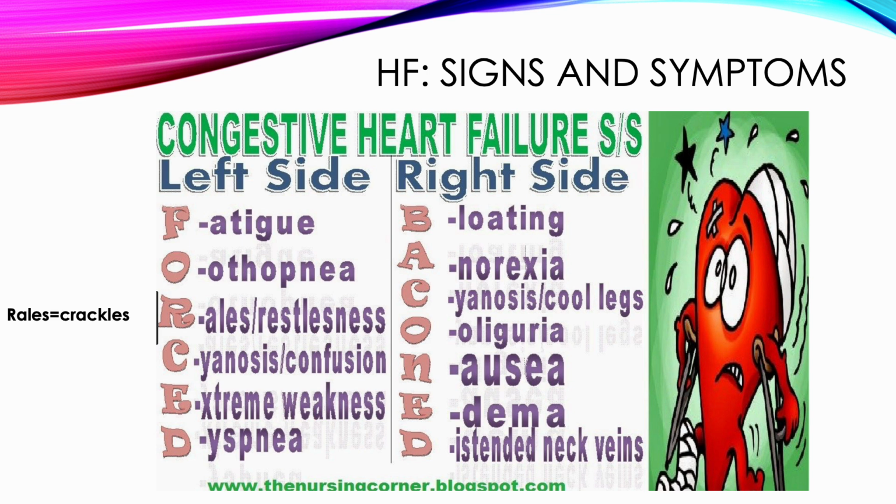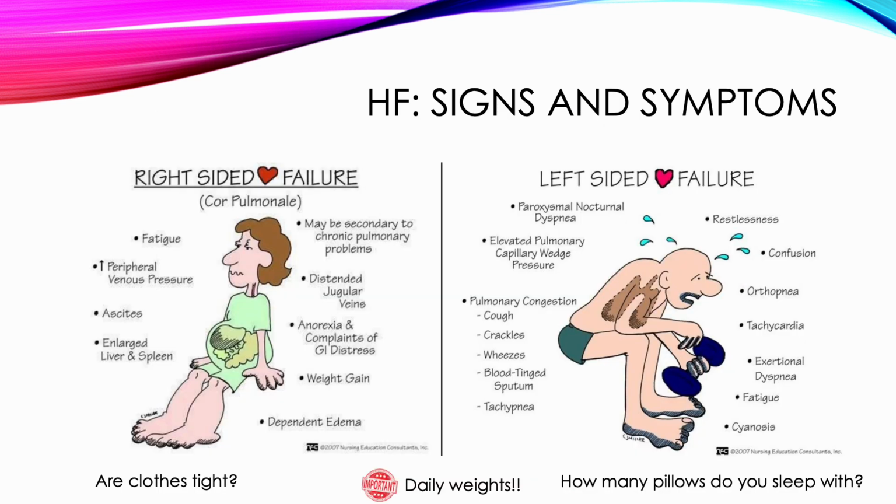But then usually when they go to bed, they get nocturia. Nausea, edema, and distended neck veins. So distended neck veins, what we call that is JVD, which you learned in fundamentals when you did your physicals, okay? All right, and this is a picture. Maybe this picture works better for you to learn the difference between left and right-sided heart failure, okay?